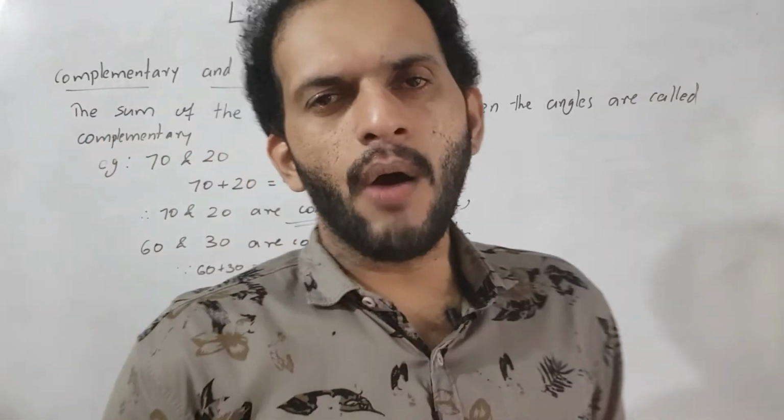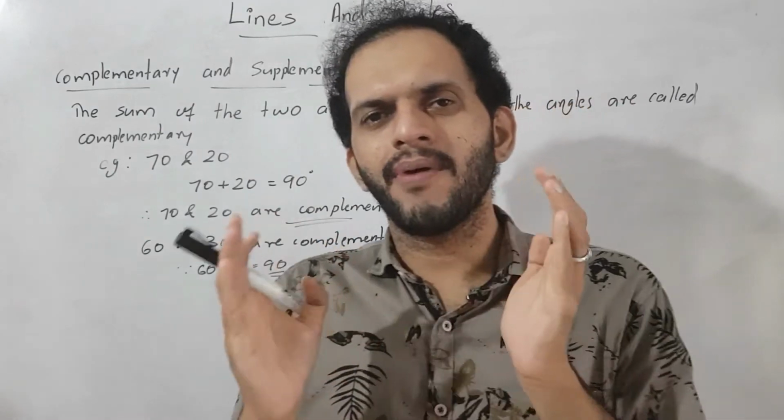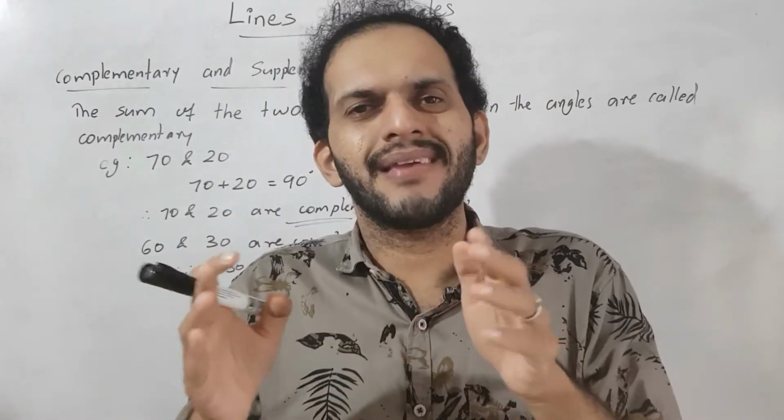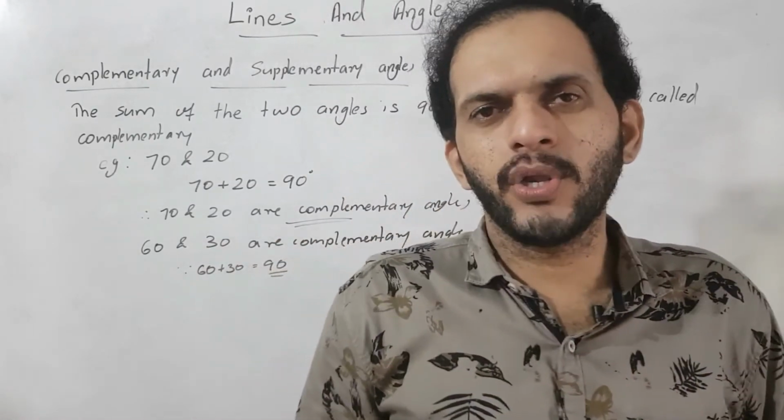Then how do we identify whether a pair of angles is complementary? That is very easy, we just add them. For example, 25 and 55. Are 25 and 55 complementary? How do we check?